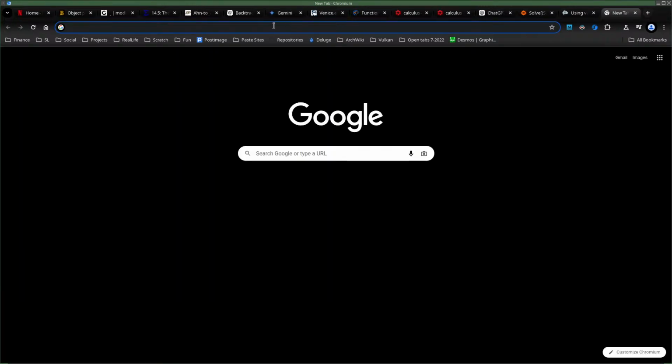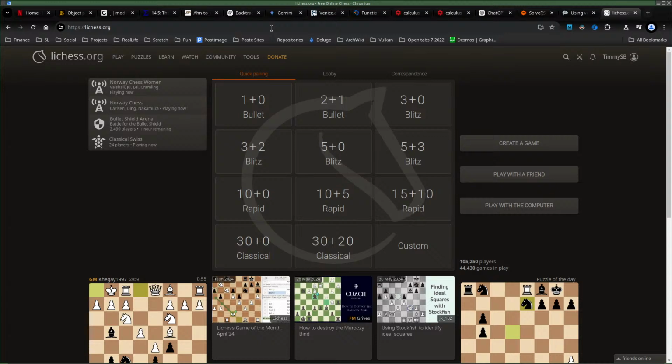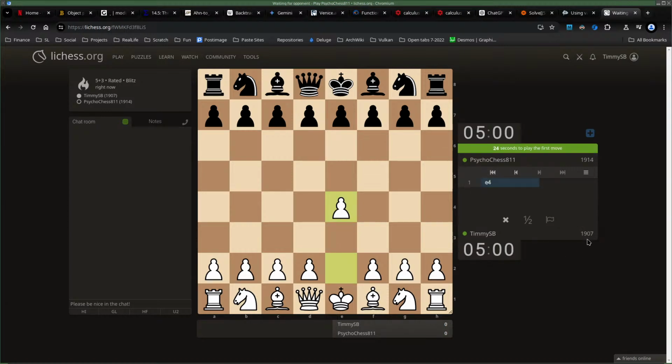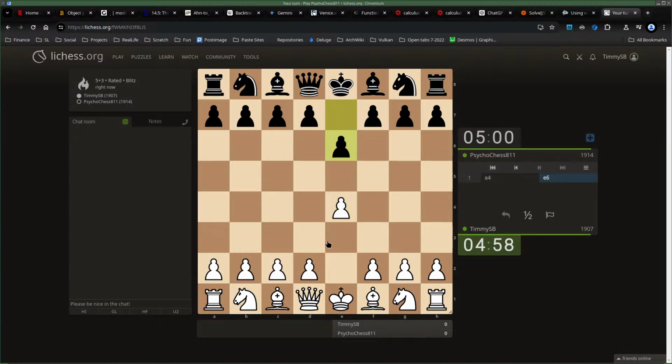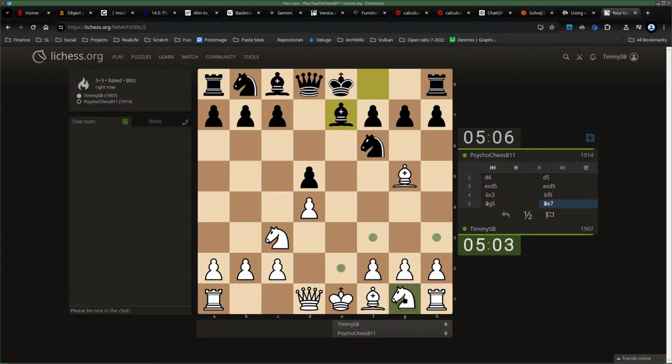Let's play a game of chess because it's definitely that time. I've been losing so much. In a second, I'm gonna drop below 1900. I need a new chess lesson for.